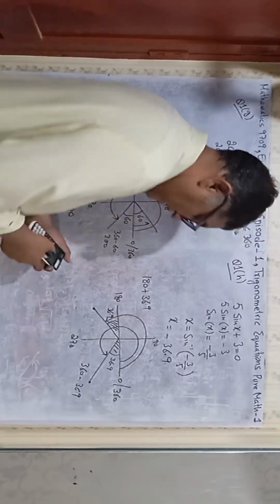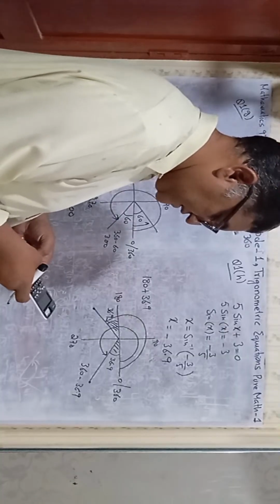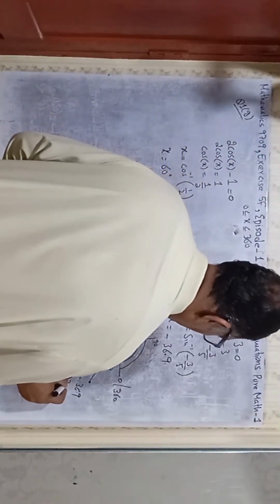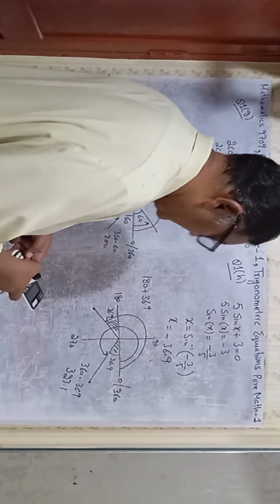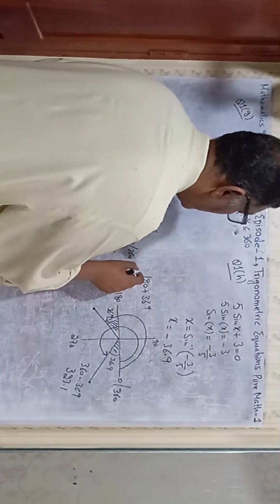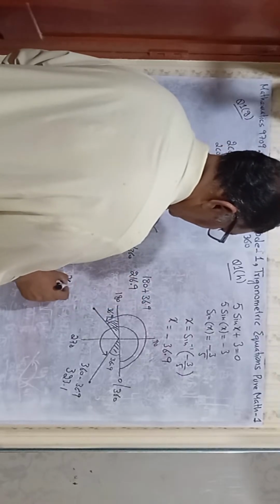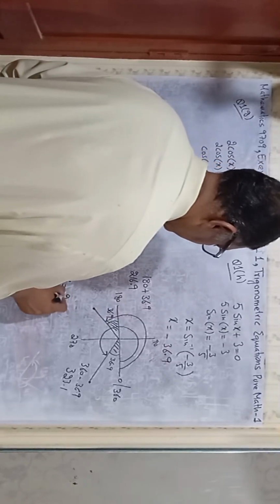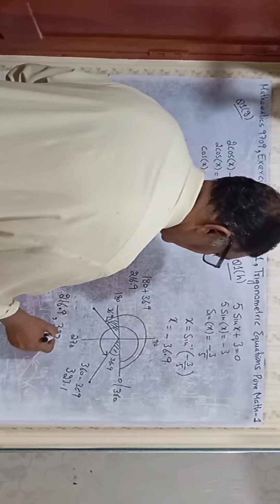So let's find this one. 360 minus 36.9 equals 323.1 degrees, and this angle will be 180 plus 36.9, and that will be 216.9. So there will be two answers to this: one is 216.9, the other answer will be 323.1.